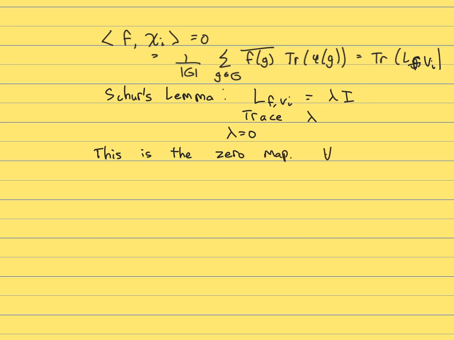And this is true for all irreducibles. So we've seen what happens. We got information about when we take the inner product with this class function with any irreducible representation. The fact that it's 0 says that this crazy summation is 0. It tells you that this trace of this linear operator is always 0.